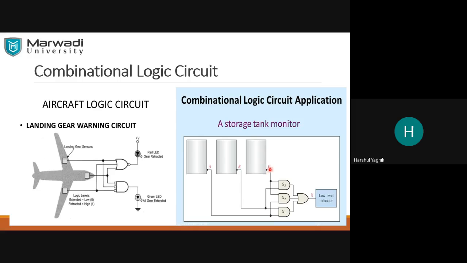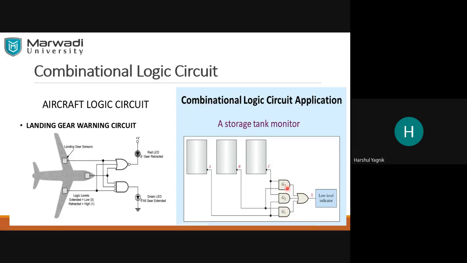Now, this logic gate, gate G3, has two inputs. One is from C and second is from B. G2 has two inputs. One is from C, second is from A. And G1 has two inputs. One is from A and second is from B.